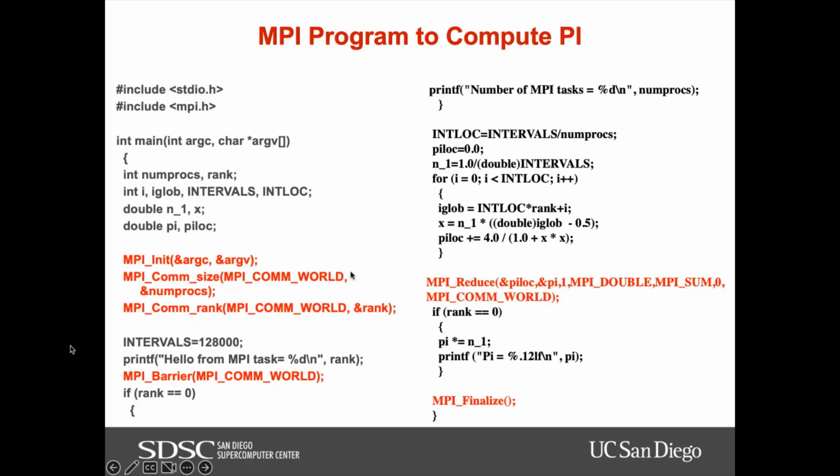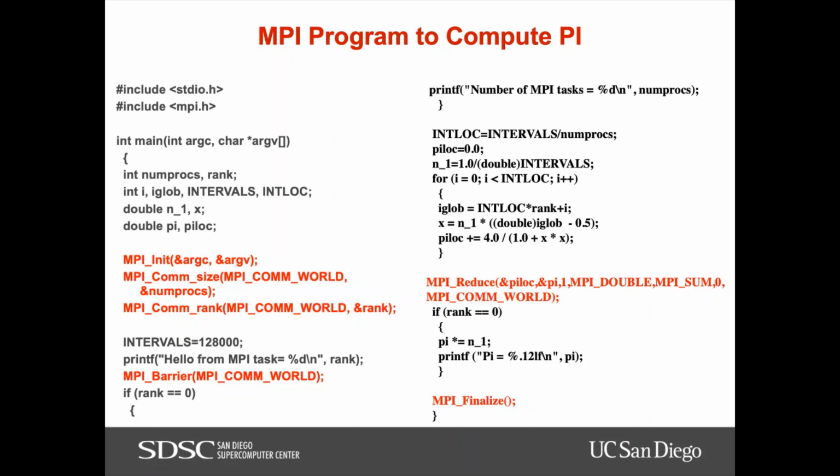Basically, if you look at the initialization piece in the OpenMP case, we just initialized it with a loop, because of the shared memory. Here, every processor will run the same code.